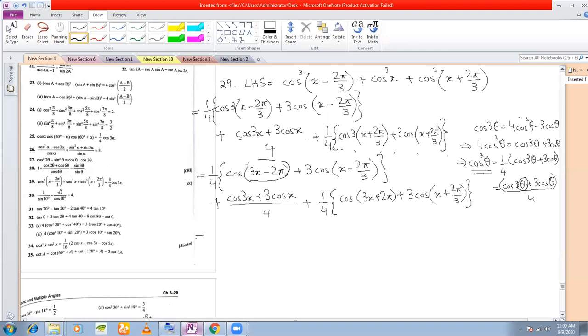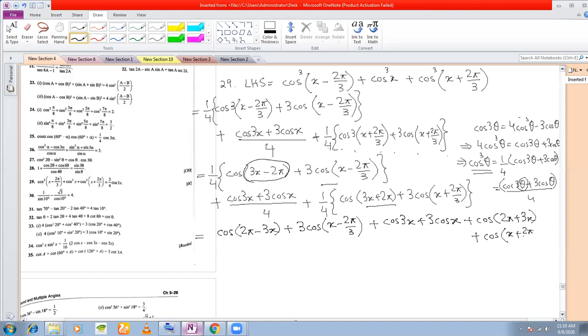Now cos (3x minus 2 pi) can be written as cos (2 pi minus 3x), plus 3 cos (x minus 2 pi by 3), plus cos 3x, plus 3 cos x, plus cos (2 pi plus 3x), plus 3 cos (x plus 2 pi by 3), all this whole divided by 4.